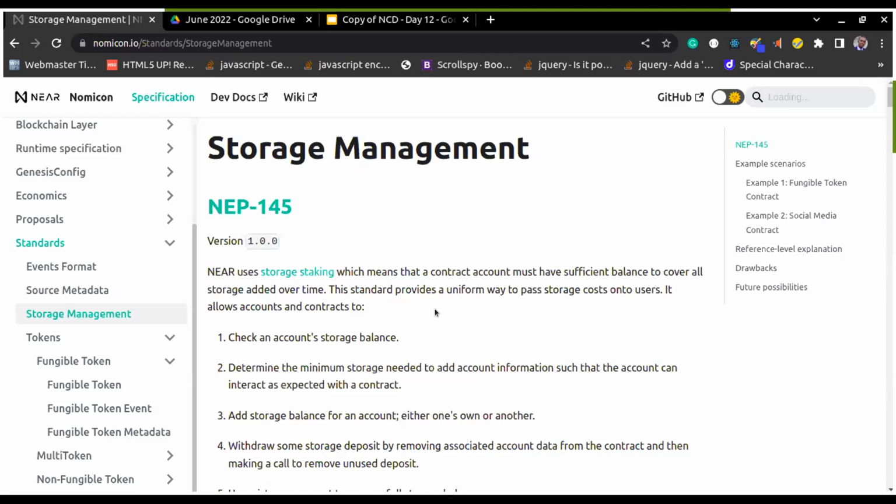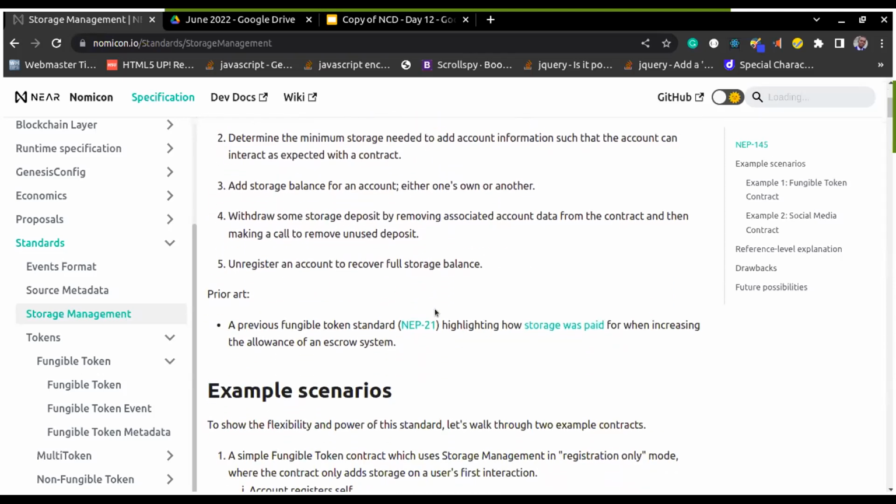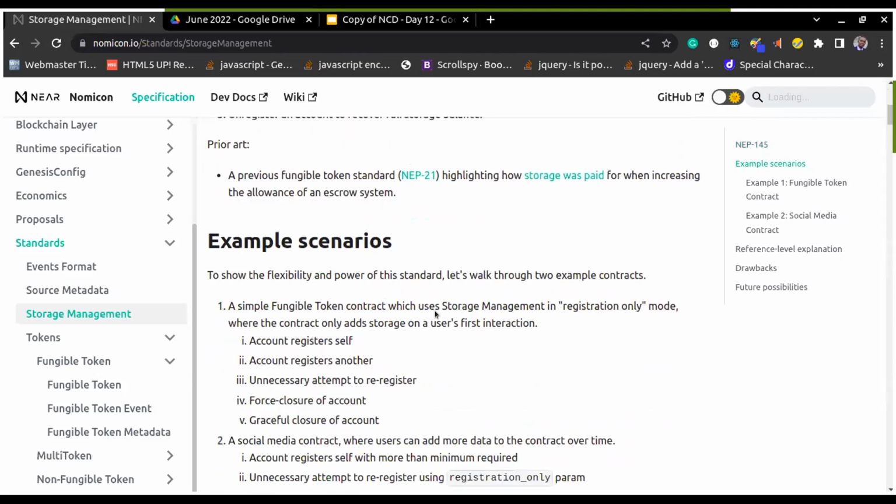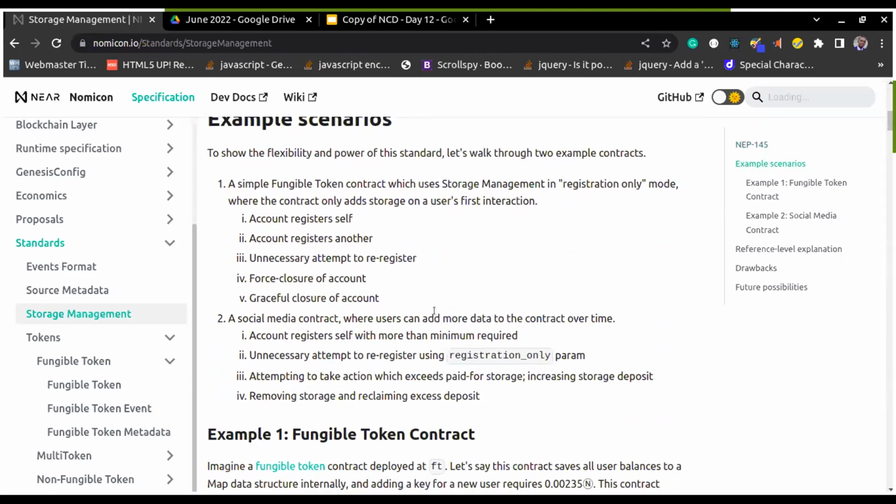Now, the way fungible token smart contracts address that, according to the standards, is they put this storage management in place. So the very first thing you're required to do before you can make any transaction within a fungible token smart contract, according to the standards, is that you have to pay for or stake some money, in this case some NEAR tokens, for storage purposes, right?